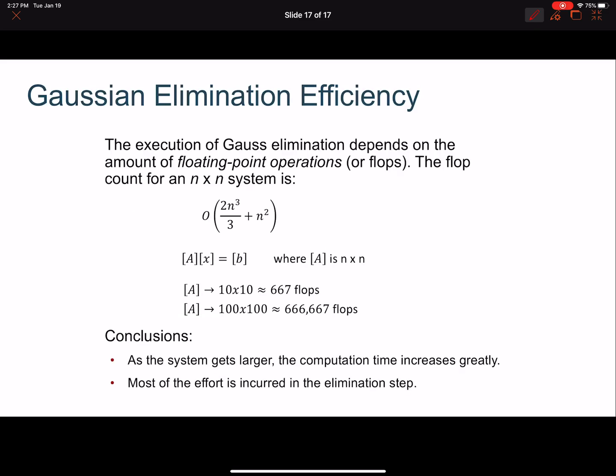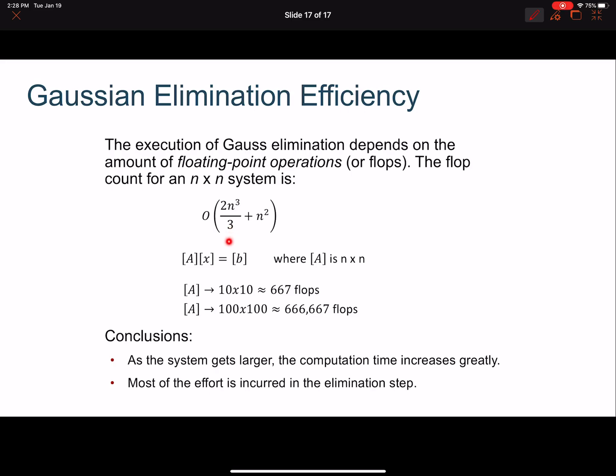Finally, I'll mention that this Gaussian elimination procedure for solving linear systems is computationally expensive, and more or less it scales with the order n cubed, where n is the size of the system, right? So we're solving an n by n system, the same number of equations as unknowns.